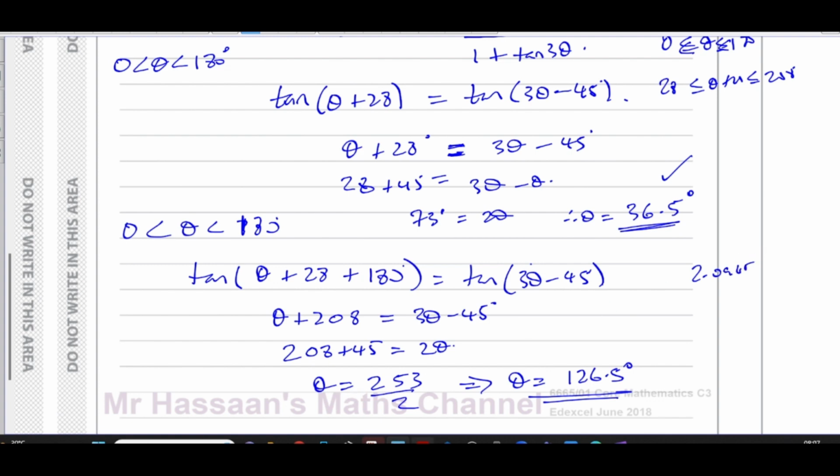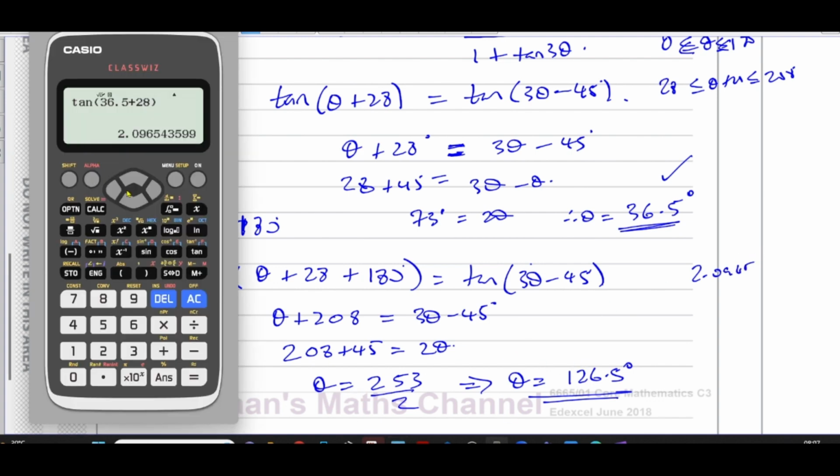And you can also check with this angle, the tan of 126.5 plus 28. That gives you minus 0.476. Now, let's see if that gives the same in this equation here.